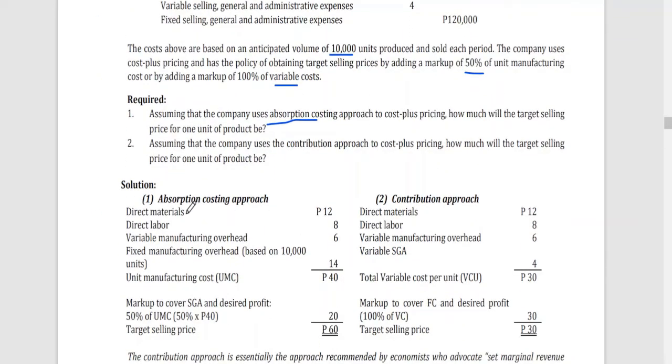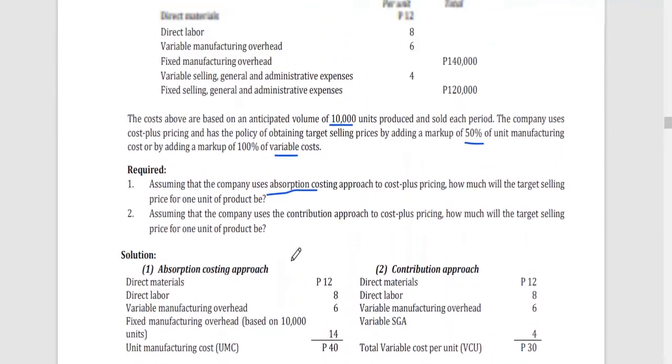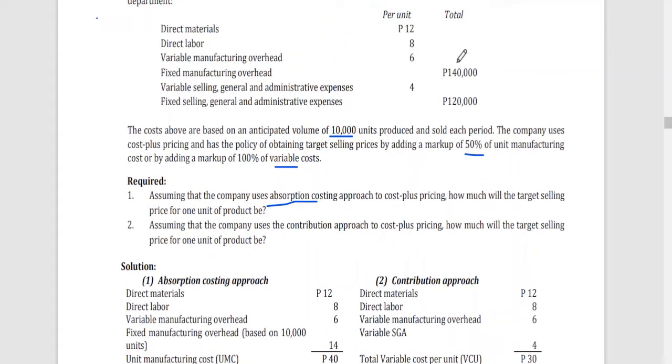So here you have direct materials, direct labor, variable overhead, fixed overhead. So how do we get the fixed overhead here, since this 140,000 is overall? You are going to divide it by 10,000 units.